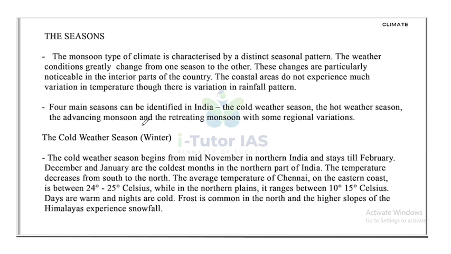Now, in India, we can find four main seasons: the cold weather season or winter, the hot weather season or summer, the advancing monsoon or monsoon, and the retreating monsoon.